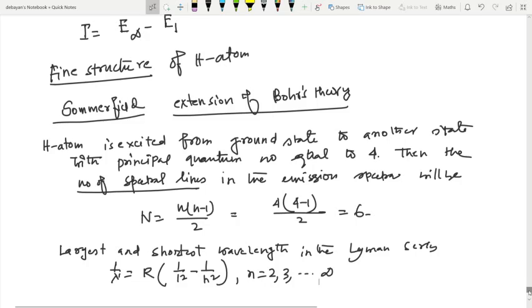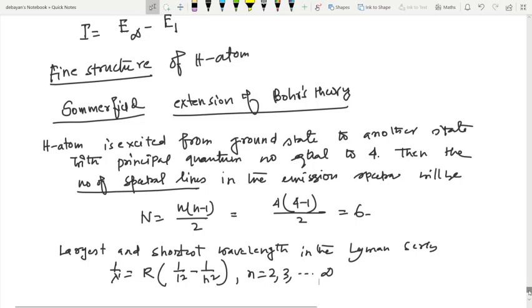And if we want to find the lambda min, that means it will come from n infinity. So if we want to find the shortest, then n is equal to infinity, and lambda min is 1.097 into 10 to the power 7 into 1 by 1 minus 1 by infinity, and it will come out lambda min is equal to 911 angstrom.